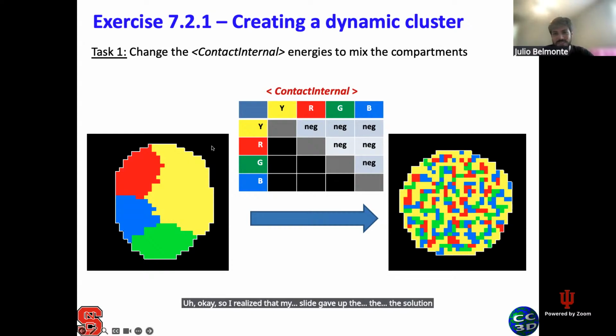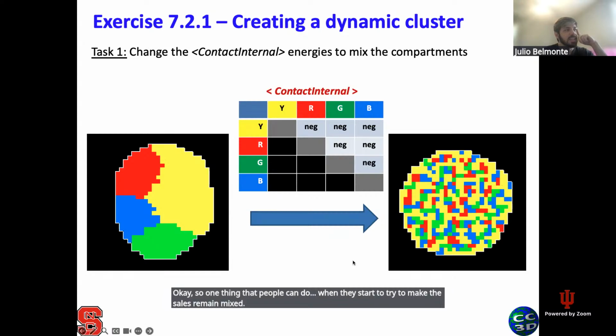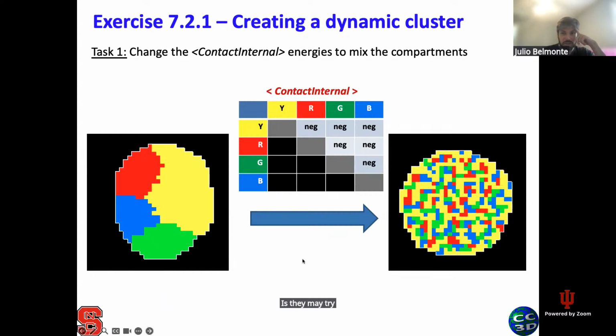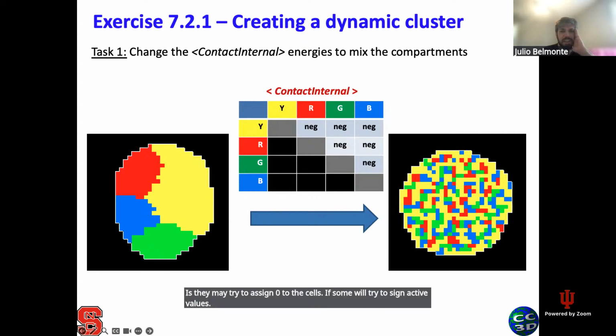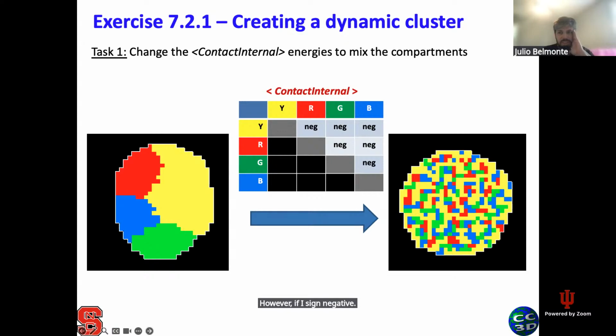Okay, so one thing that people can do when they start to try to make the cells remain mixed is they may try to assign 0 to the cells, and some will try to assign negative values. However, if you assign just 0, you do not get mixing.